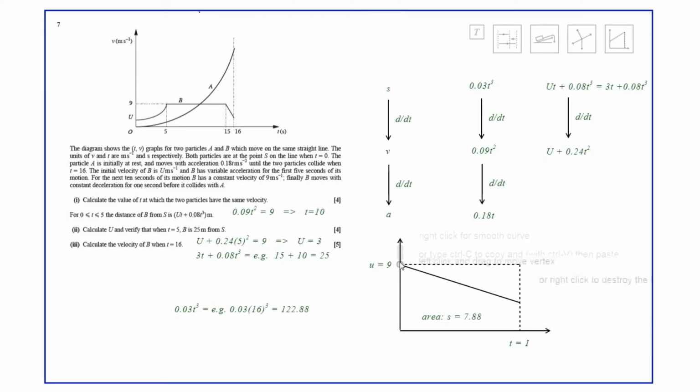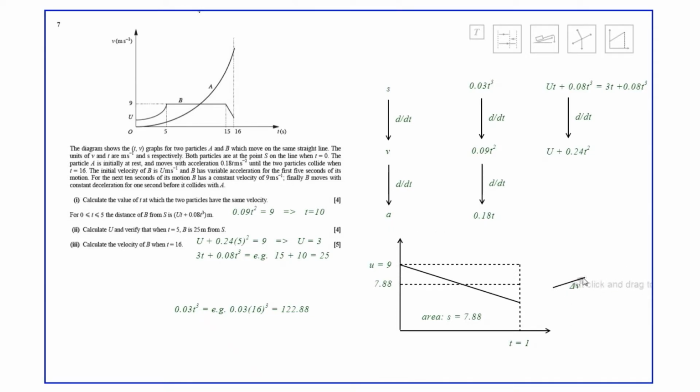The mean average of the two bases, even though they're vertical, we'll call them bases of the trapezium, times the height is the area, and in this case it's times 1 is the area. So the mean average of the two bases must be 7.88.